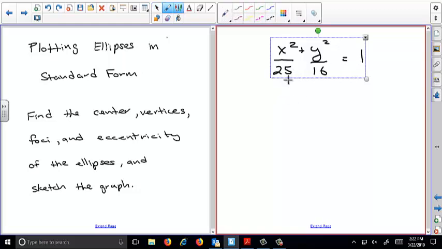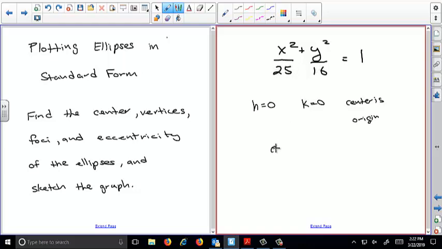And so if we look at this equation, we see that h is equal to 0 and k is equal to 0, because we don't have x minus anything or y minus anything. So that means the center of the ellipse is the origin.